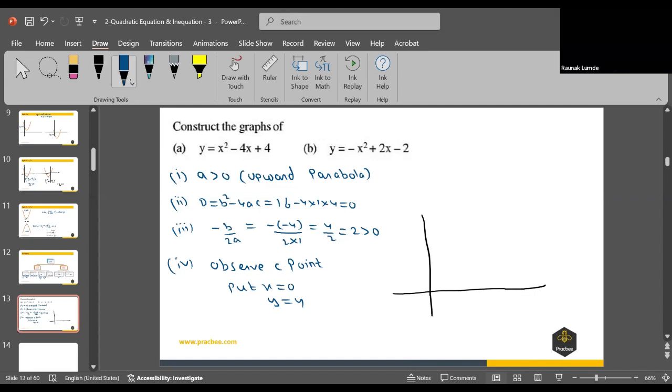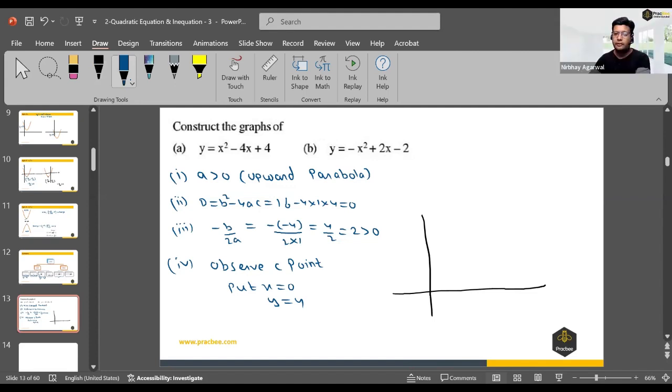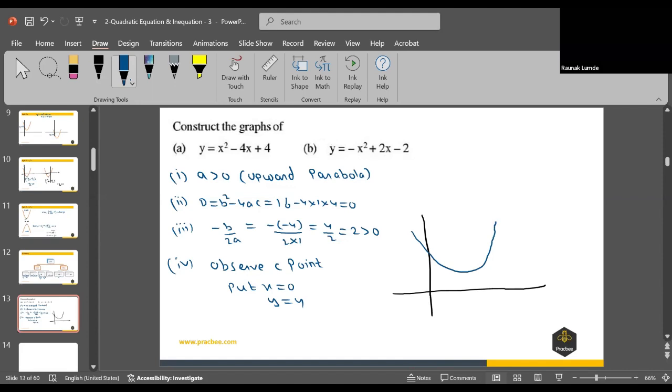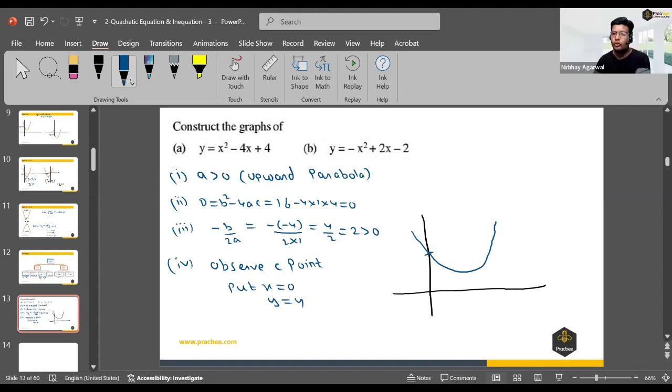Now if you draw the graph, the graph will be like this. Because this point is 0, 4. This is minus b by 2, which is 2. We did not calculate minus d by 4a. If you want to find the vertex, you can calculate minus d by 4a.